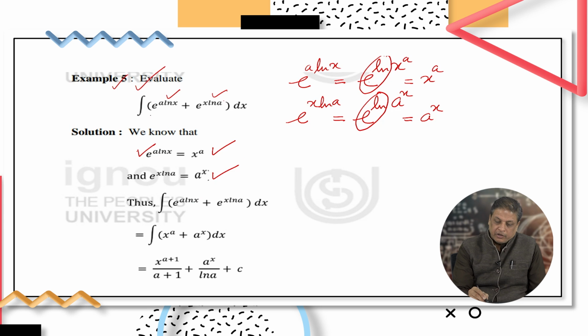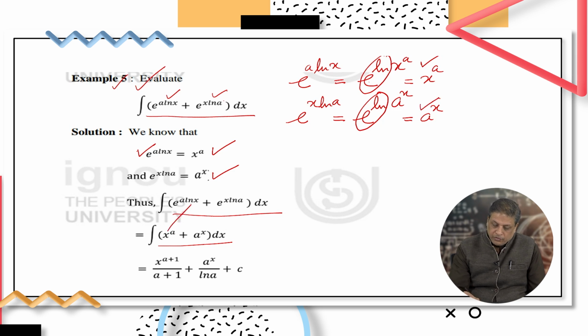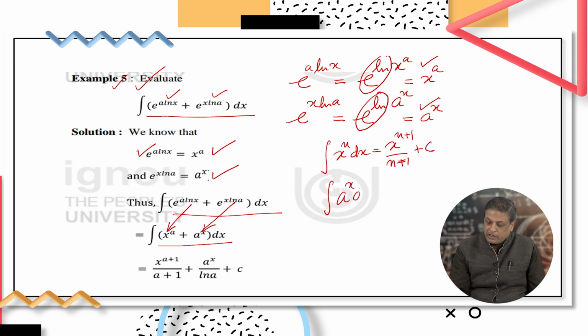So the expression given to us can be rewritten as x^a and a^x. In place of this we are getting x^a, in place of this we are getting a^x. And you always know that integral of x^n dx is nothing but x^(n+1) upon n+1 plus constant of integration, and integral of a^x dx is nothing but a^x upon natural logarithm of a plus c.